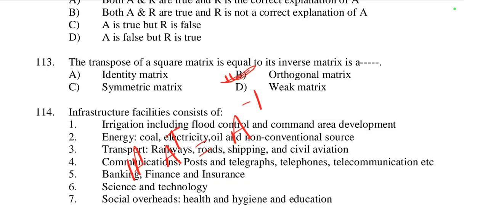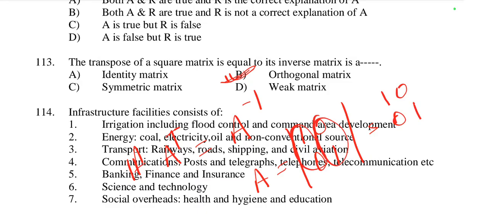We can take an example like A is equal to 1 0 0 1, this is a matrix. When we transpose it, we convert the row into column, so its transpose value is also 1 0 0 1.